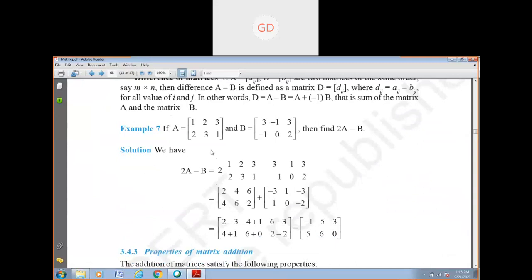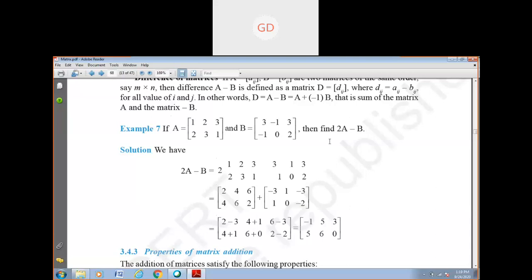You know, A is given here as a 2 by 3 matrix and B is given as another 2 by 3 matrix. That means the orders of the matrices are the same. Since the orders are the same, addition and subtraction hold, that means we are allowed to perform addition or subtraction.